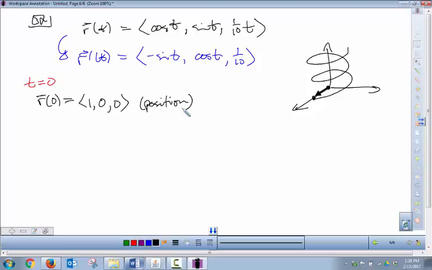Yeah? And the derivative is the direction. The derivative will be the direction, but we'll take a look at that and see what that really means here. So let's take a look at that derivative, and again, we'll put t is equal to 0 into that derivative.